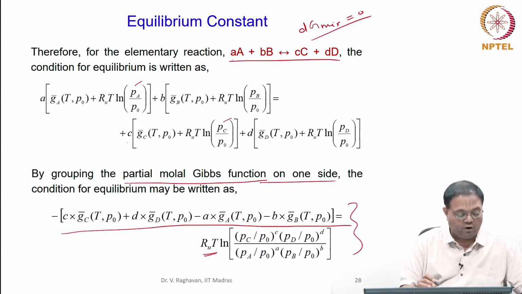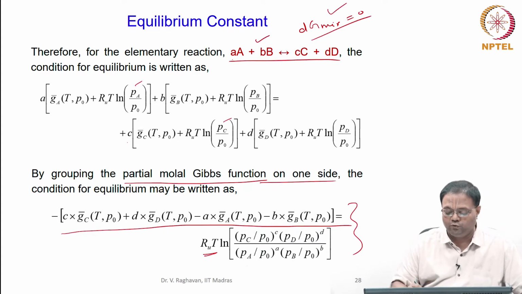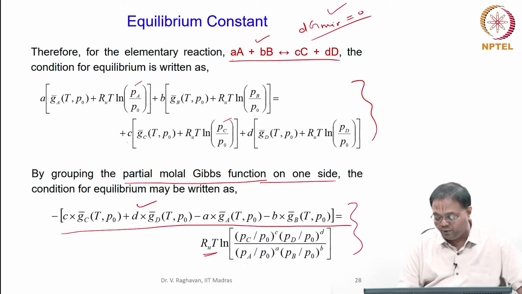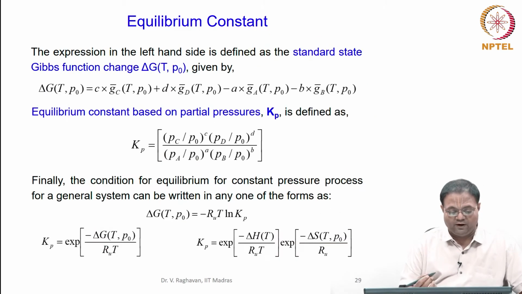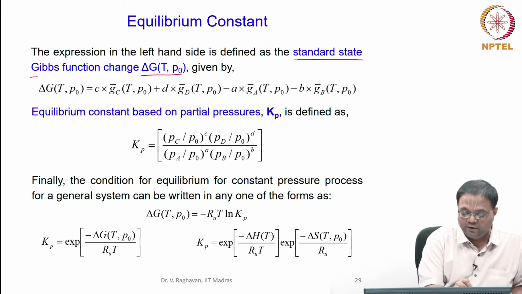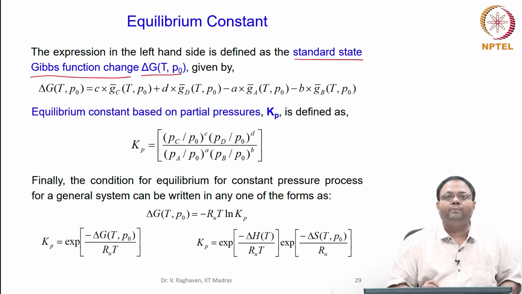So, I started from this equation, applied dG mix equal to 0, got this equation, and grouped the G's on the left hand side and the partial pressures on the right hand side. Now, I define the left hand side as the standard state Gibbs function change, delta G at T comma P naught.